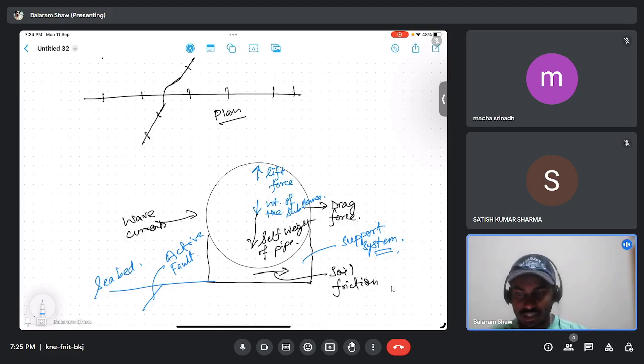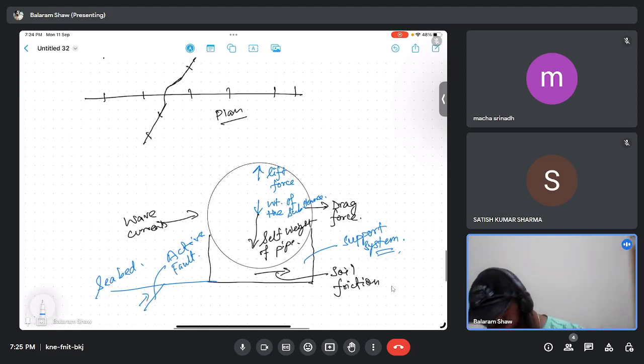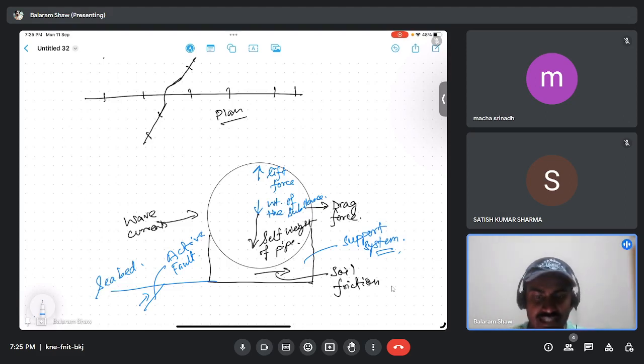For that there can be vertical displacement, let us say two fault planes are there, and seismic sources can be there. So to withstand this kind of possible movement along the fault, we need the support system.